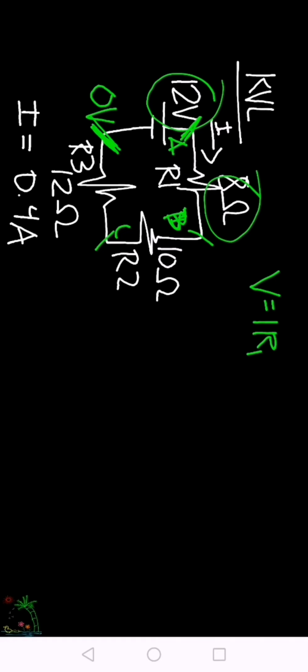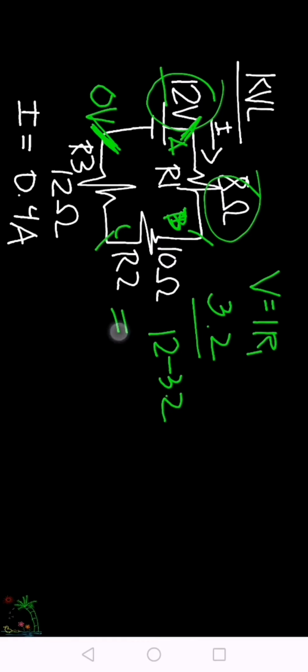That means that the voltage is dropped by 3.2. So we need to subtract 12 volts minus 3.2. So 12 minus 3.2 is 8.8. So 8.8 is the potential for point B.